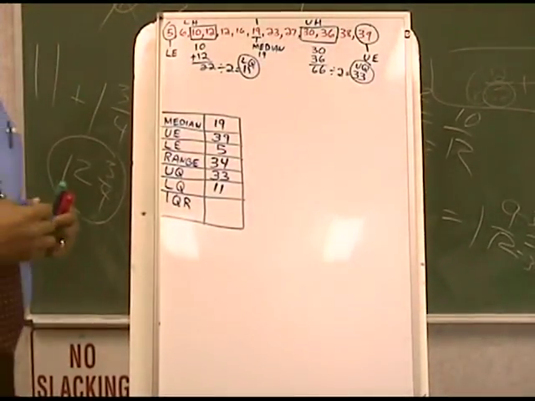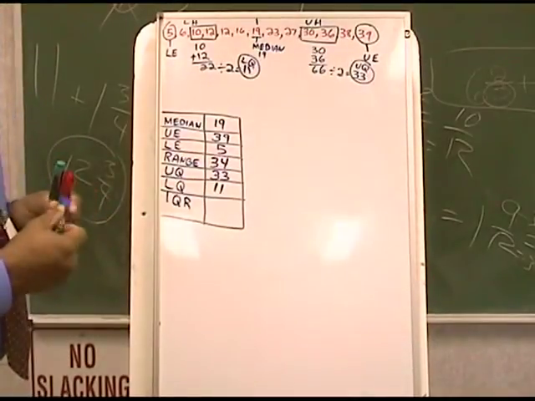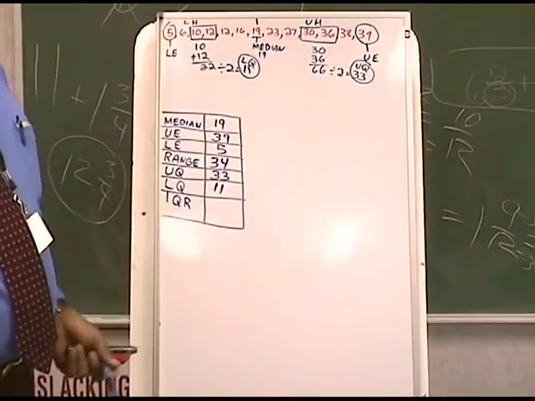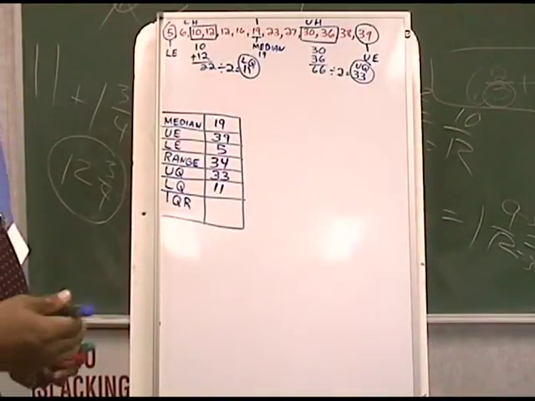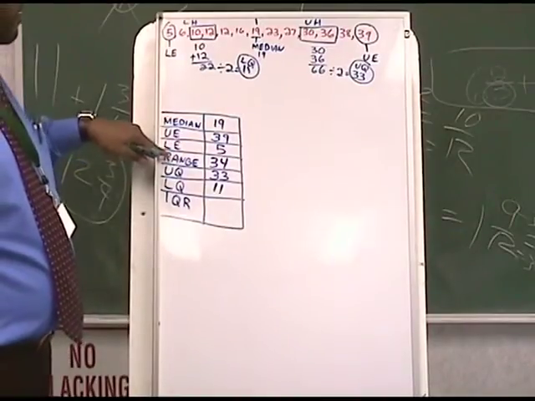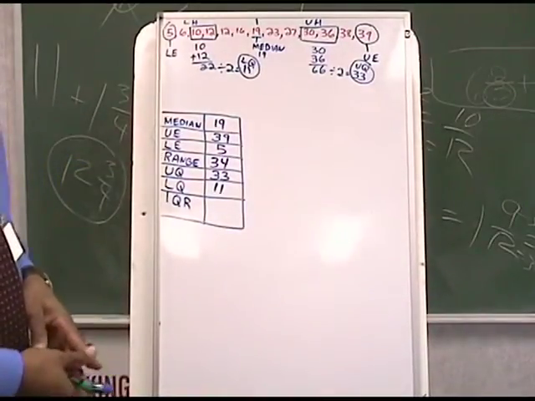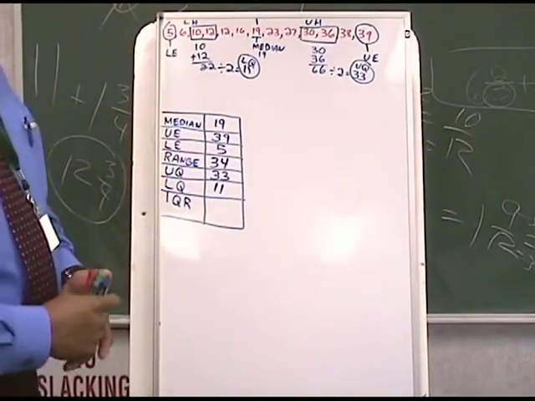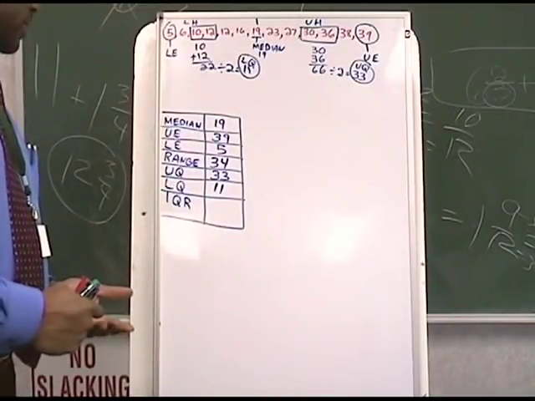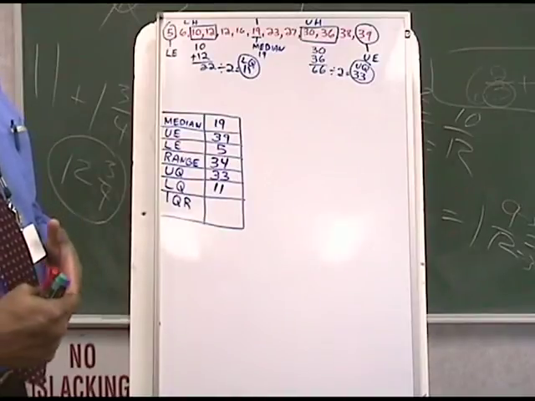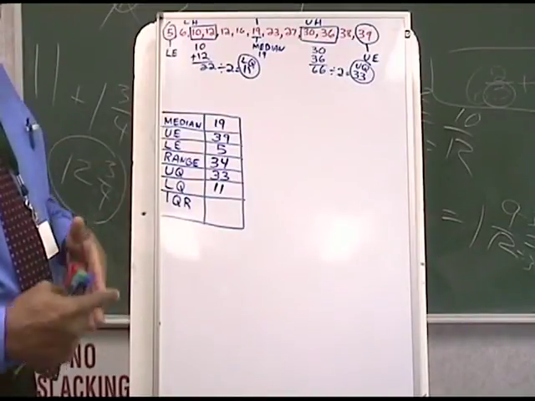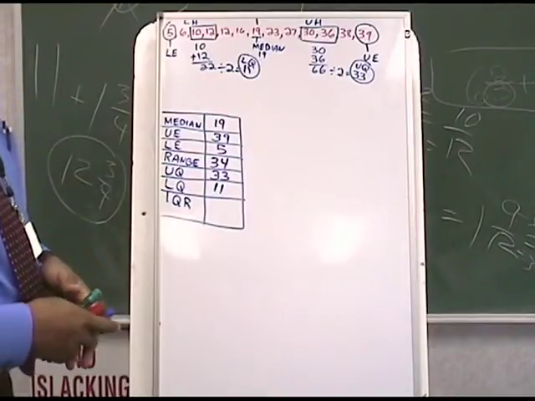And now we have the interquartile range. If you just hear the word range and think about the first range that we had, it is the difference between the upper extreme and the lower extreme. The interquartile range is similar because it's the difference between the upper quartile and the lower quartile.